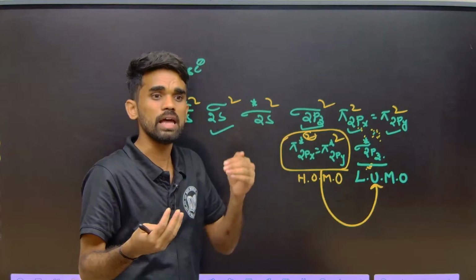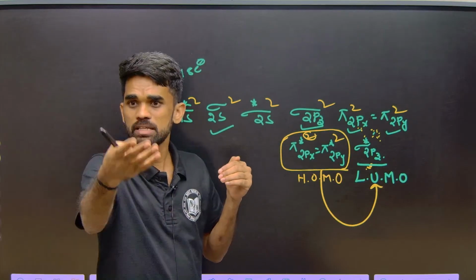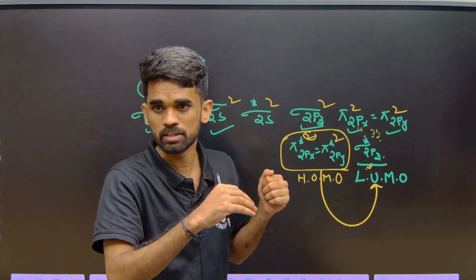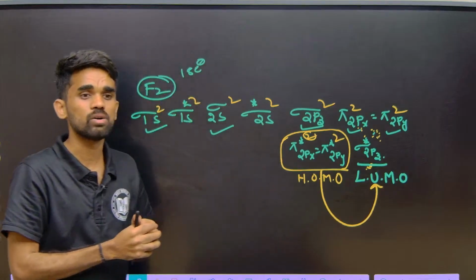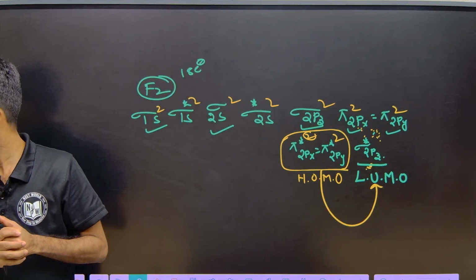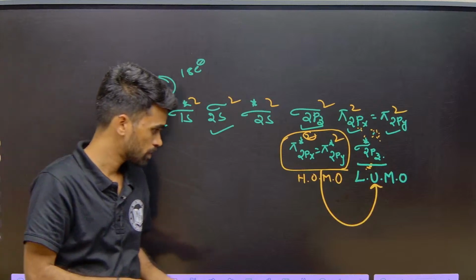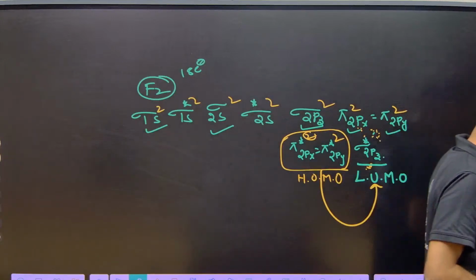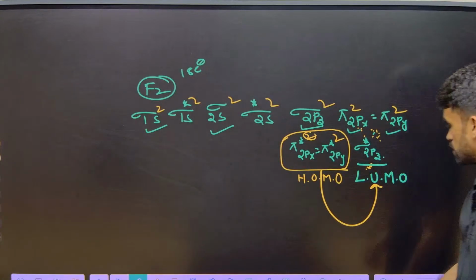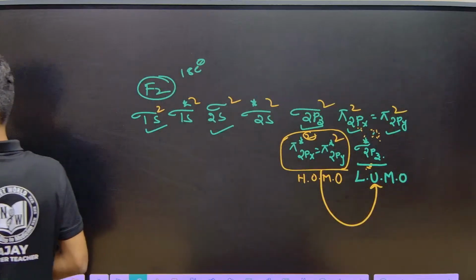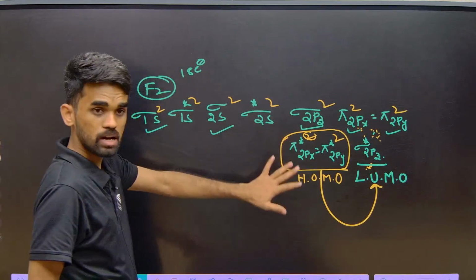They absorb yellow wavelength and emit the complementary color, violet. That's why you are seeing it as violet. Clear? The color property is also clear.